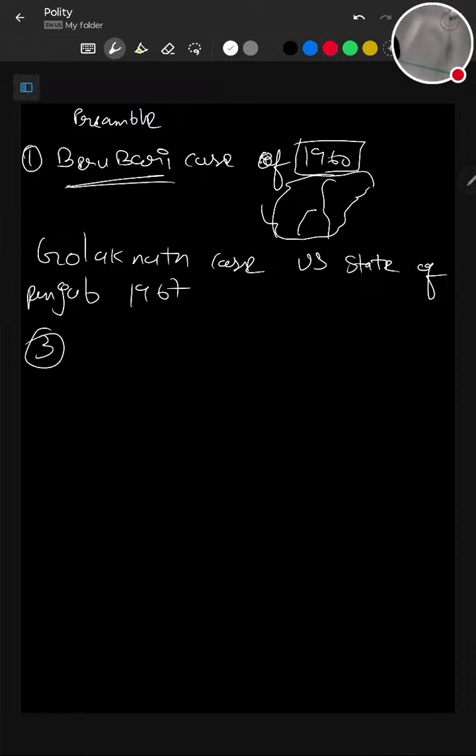Then third, which is the important one, let me write it with the red pen here. It is the Keshavananda Bharti case, 1973.